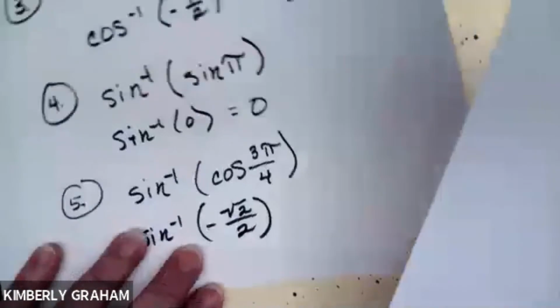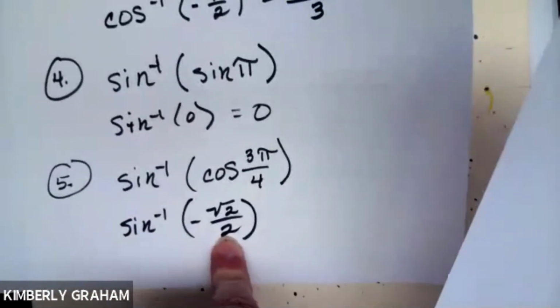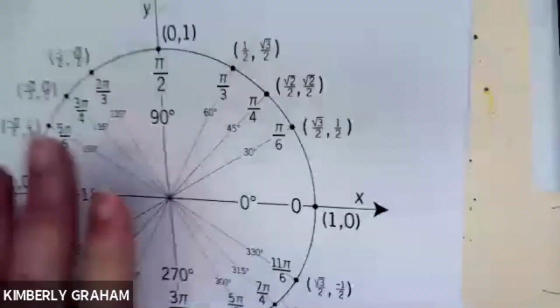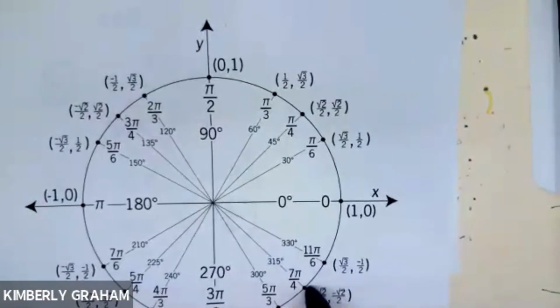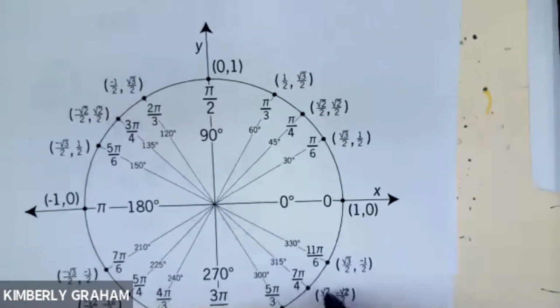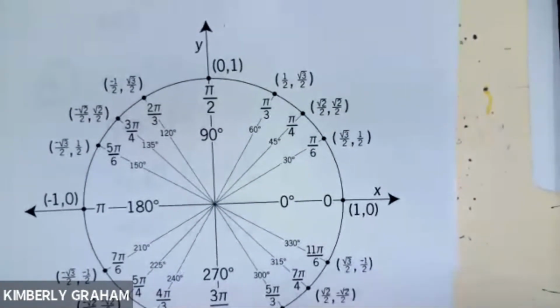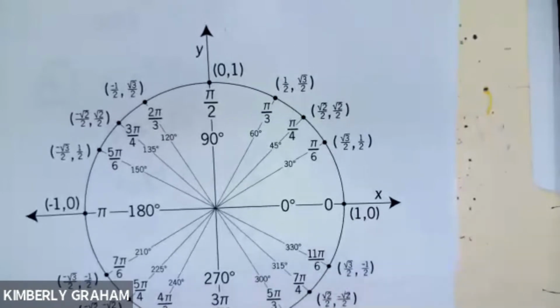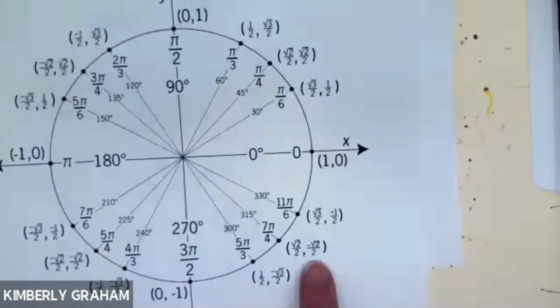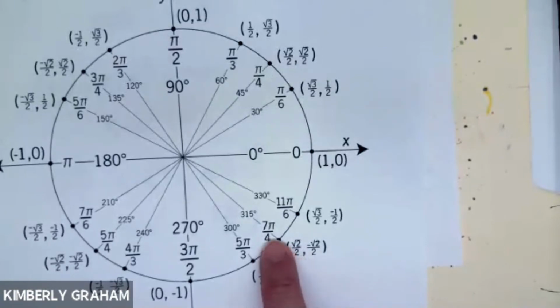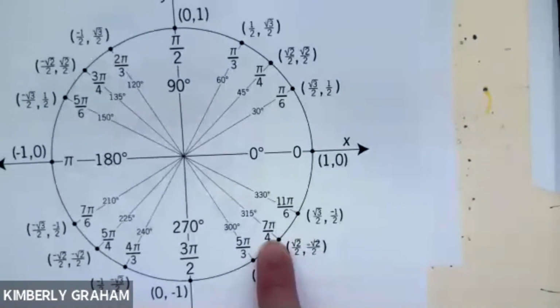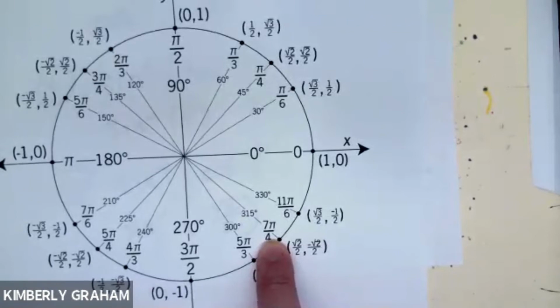I want a y value that is negative, so I'm going to be down over here in quadrant 4. And I have a y value of negative square root of 2 over 2, and that's associated with the angle 7 pi over 4. 7 pi over 4 is not my answer.